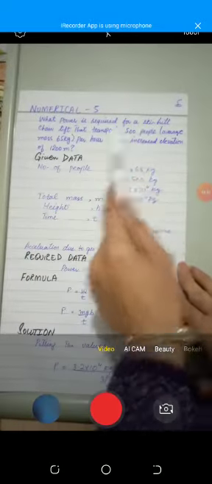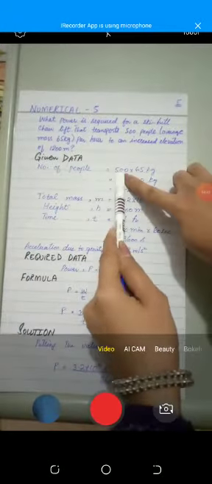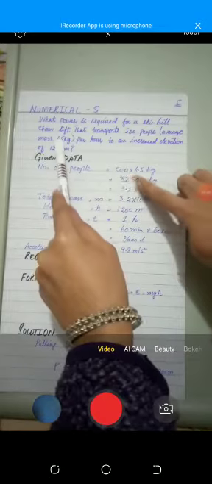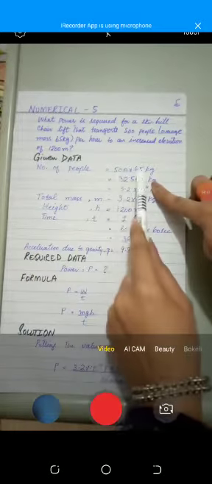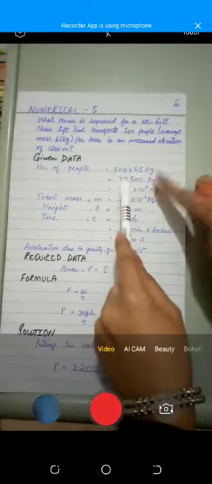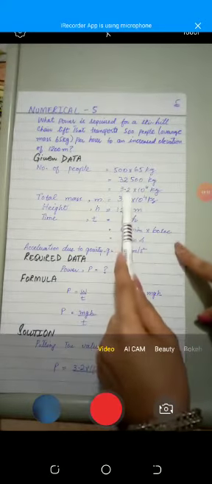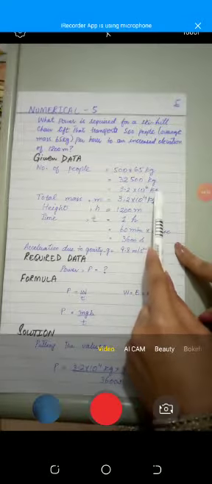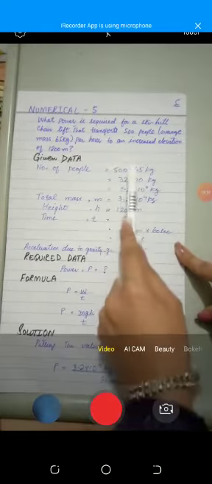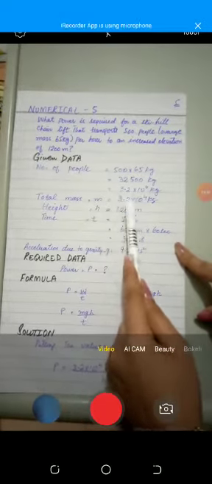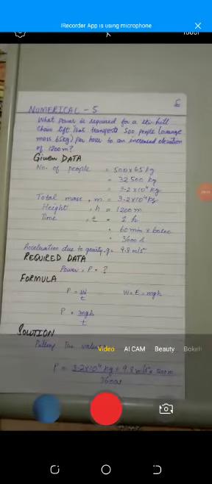The number of people is given as 500 and the per person mass is 65. You multiply 500 by 65. The mass comes 32,500 kg. In scientific notation, 3.2 multiplied by 10 to the power 4. Total mass of the 500 people is 3.2 multiplied by 10 to the power 4 kg.